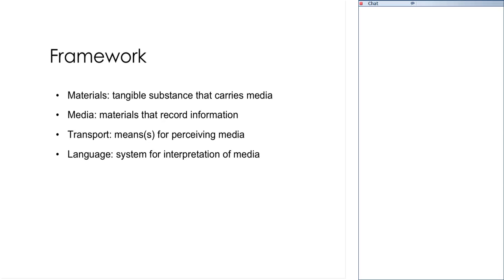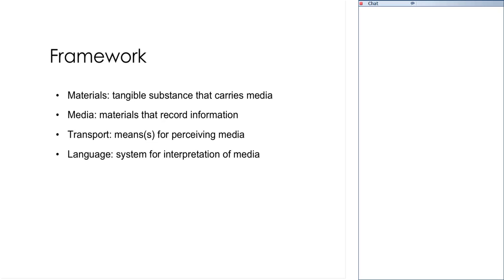Connected to that is what I think of as media, so the materials that actually record the information. Could be ink, it could be incised marks on a stone tablet, it could be a layer of magnetic particles on a spinning disc. All of those still depend on having some means for perceiving the media.